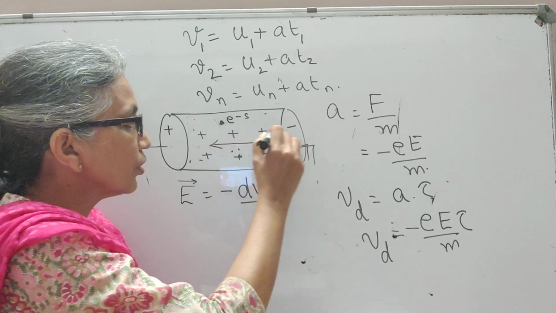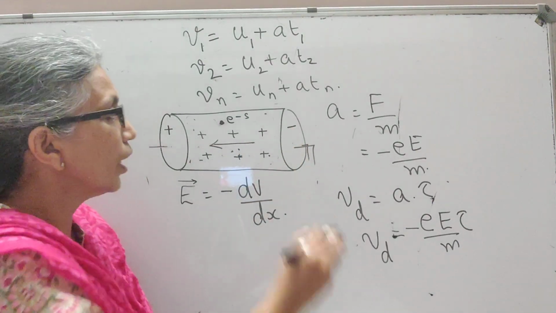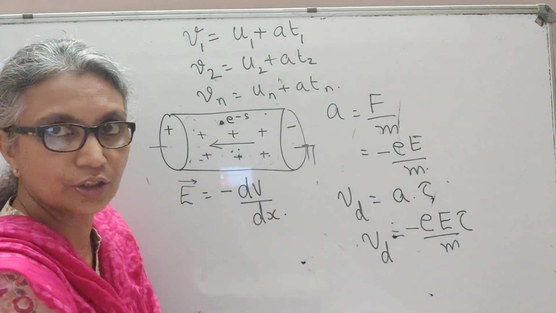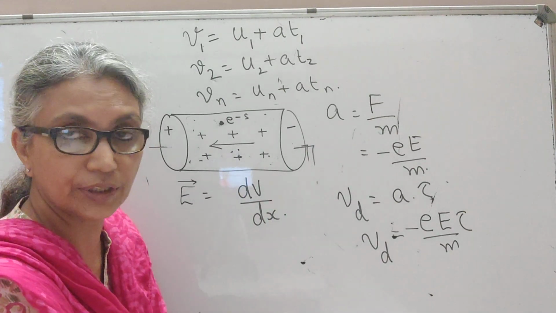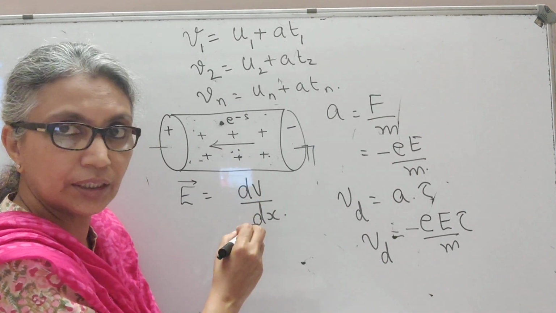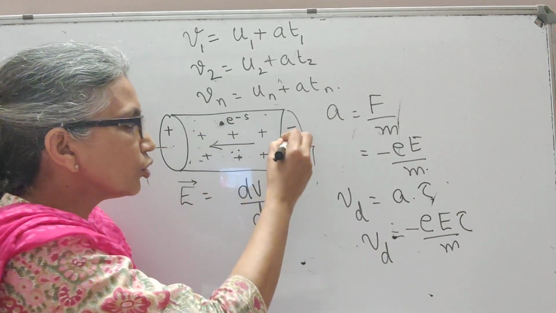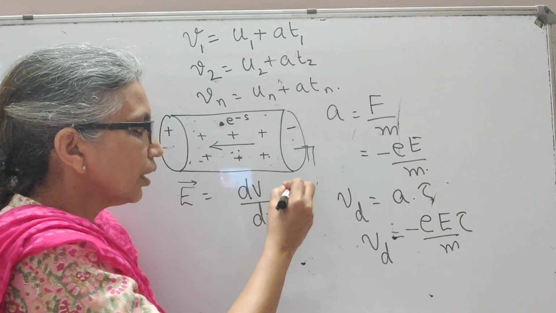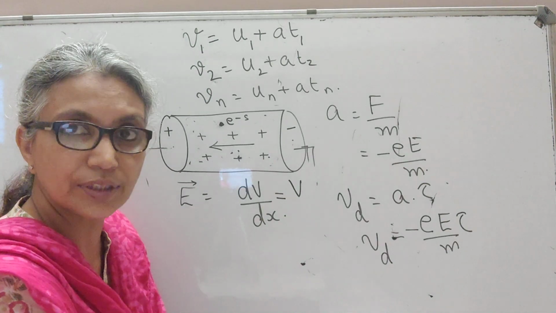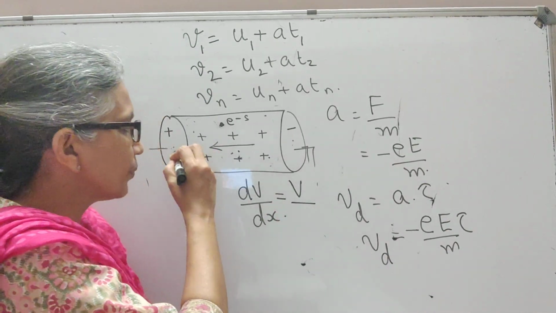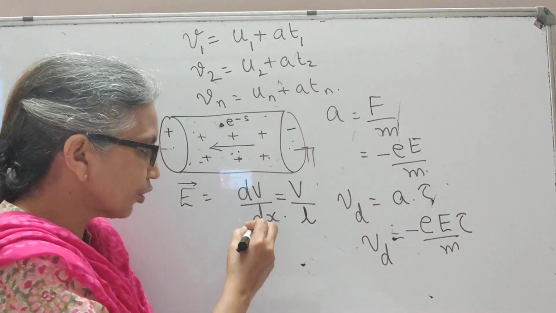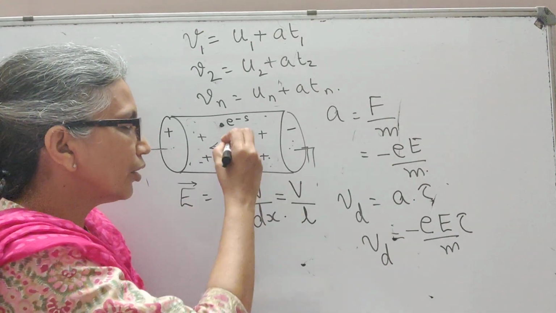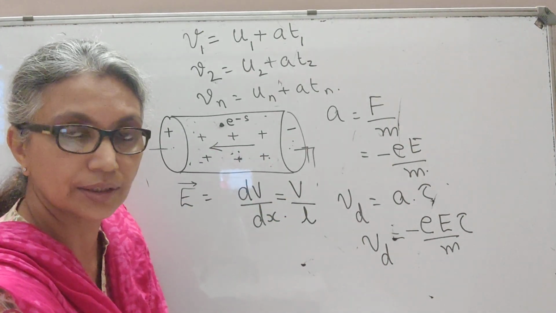As you go from this end to this end, the potential decreases and the electric field is in that direction. So if you're just talking about the magnitude of the electric field, dV by dx would mean between the two ends of the conductor, the potential difference is V, and the distance between the two ends will be the length of the conductor L. So from this formula, I may write E equal to V by L for any conductor.